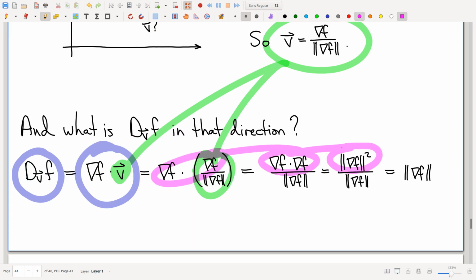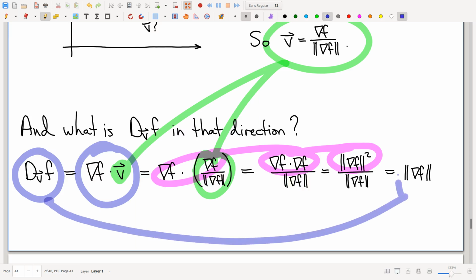Gradient dot itself is magnitude squared. And so the nice convenient punchline is that the magnitude of the gradient is the answer to that second question. Is that cool? Straight up computation.